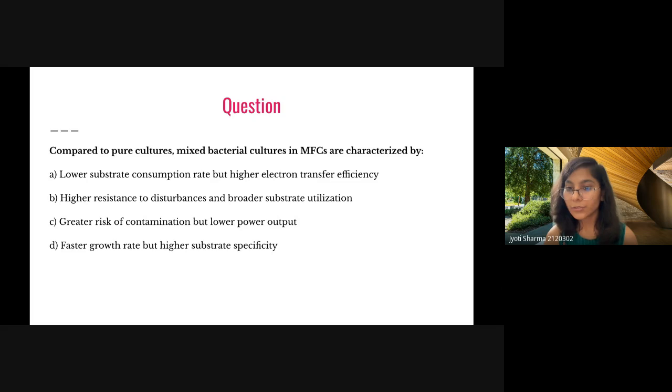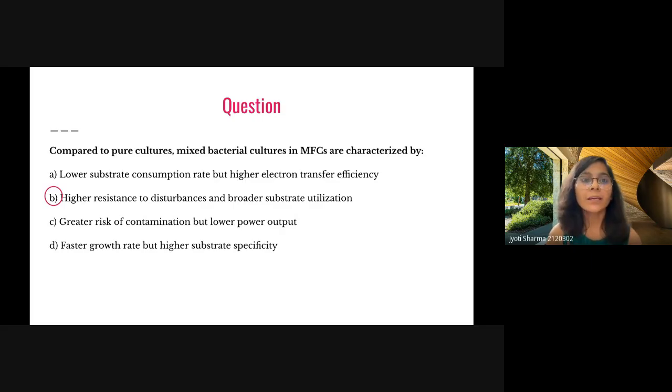Okay, so Venkateshwara gave me B. Yes, so we already have talked about this, right? If we have a large biodiversity, then there will be higher resistance to the disturbance.